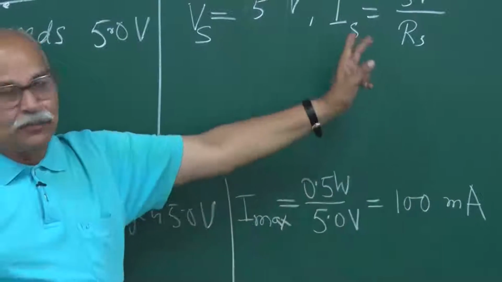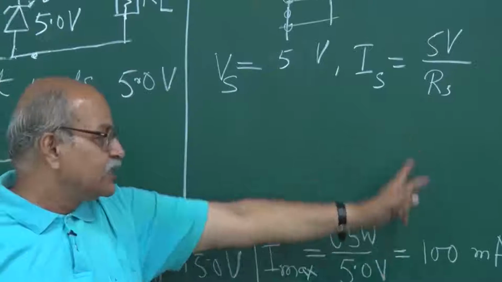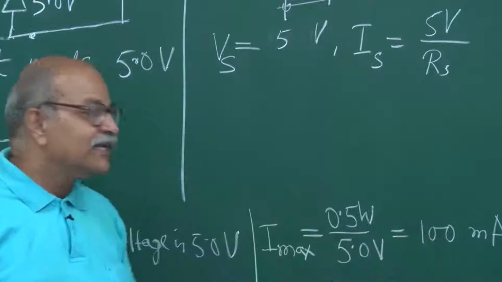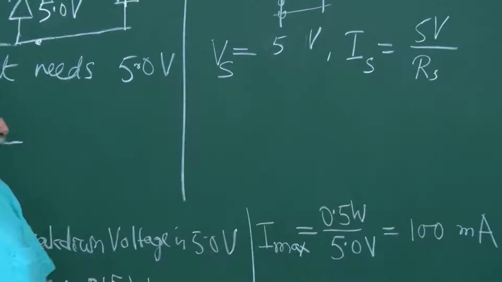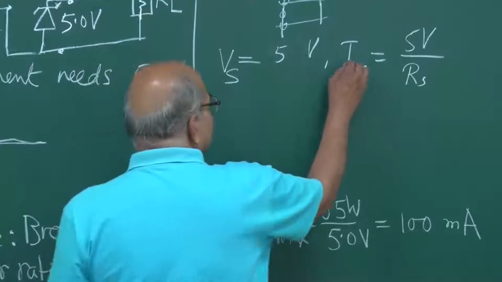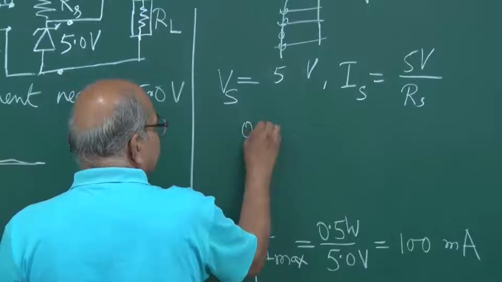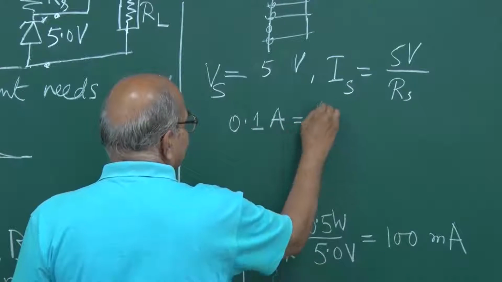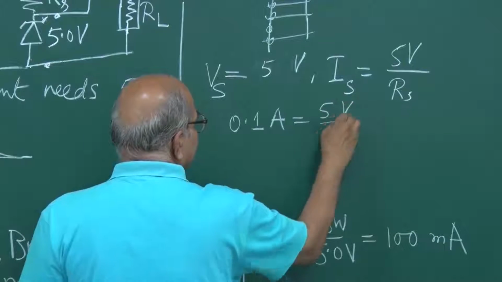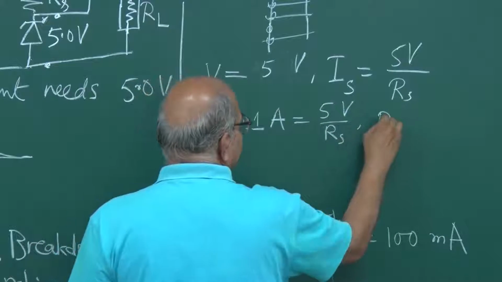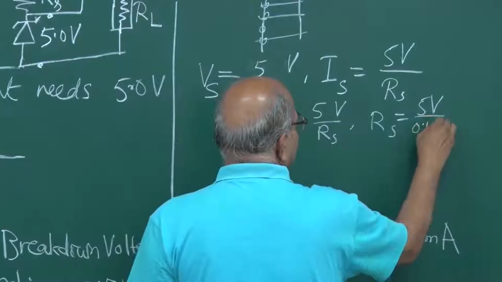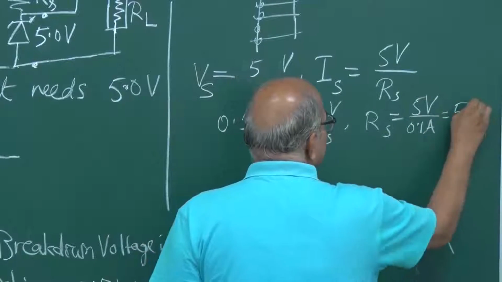So what should RS be so that the current in the Zener is 100 milliampere or less? If I take this as 0.1 ampere, then it is 5 volt divided by RS, and RS will be equal to 5 volt divided by 0.1 ampere, and that is 50 ohms.